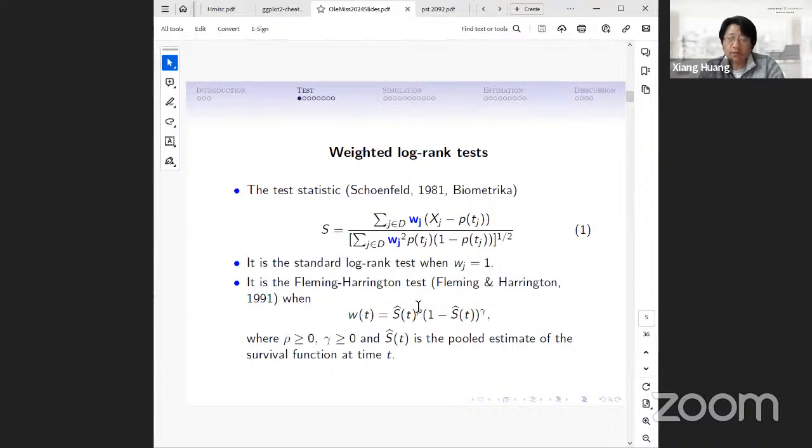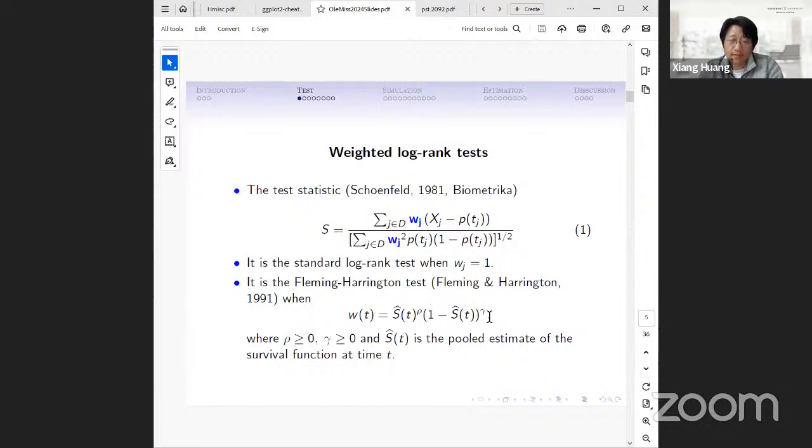Because we are talking about the delayed treatment effect, we generally think the Fleming-Harrington test is proper to use if we set rho to 0 and gamma to some positive number.